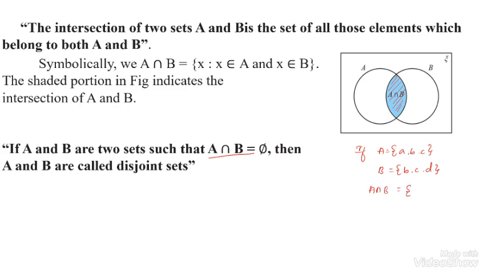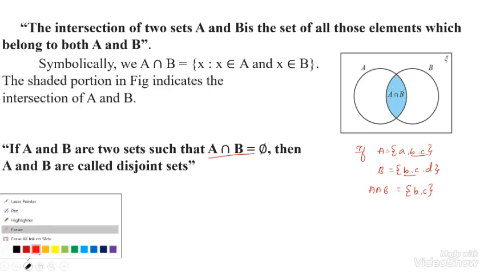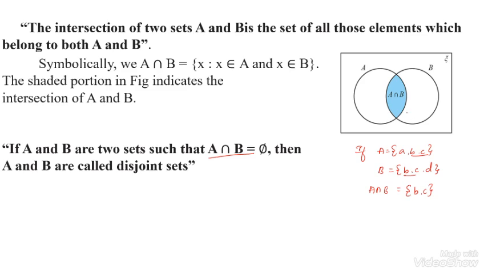The elements which are present in both sets are B and C. Only the two elements B and C are common to both the sets. So A intersection B can be represented in a Venn diagram.